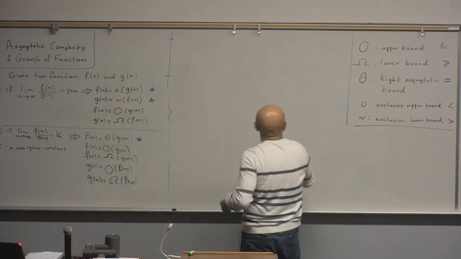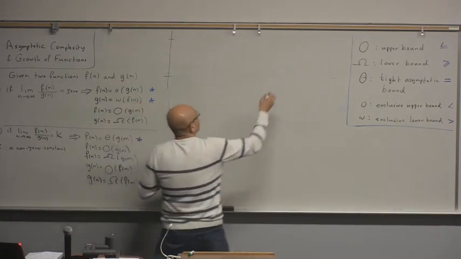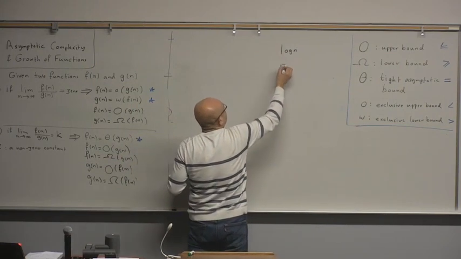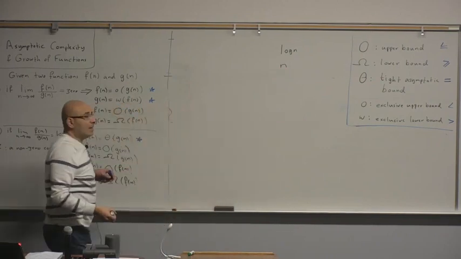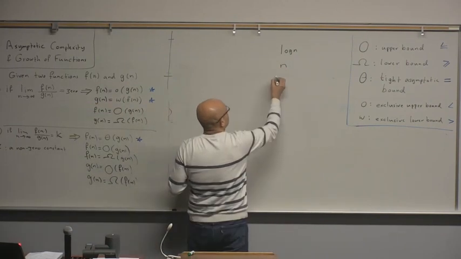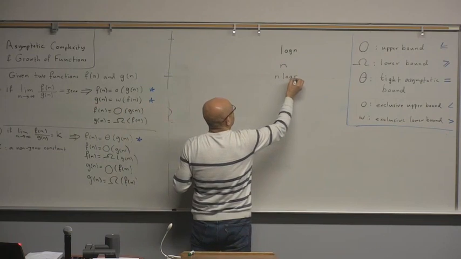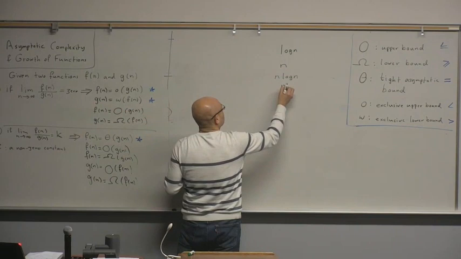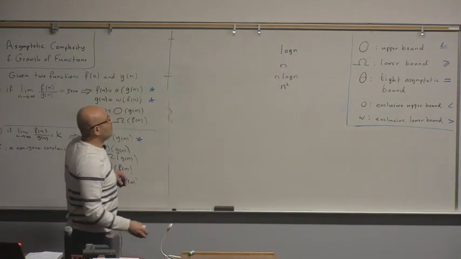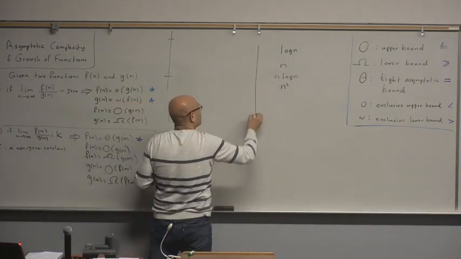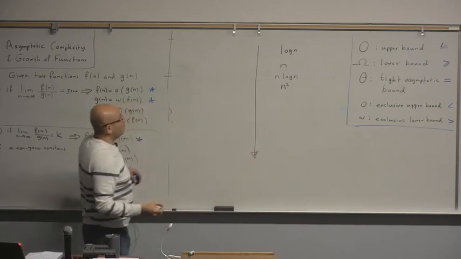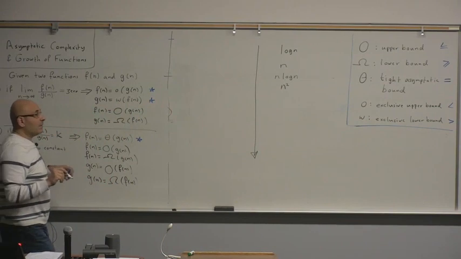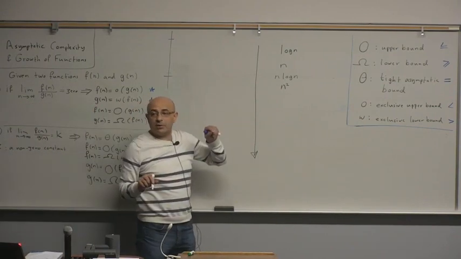So usually we have log n, then we have n, and we have n log n, we have n squared. So when we go in this direction, the functions are growing faster, and when the function is growing faster, it's giving a slower algorithm.